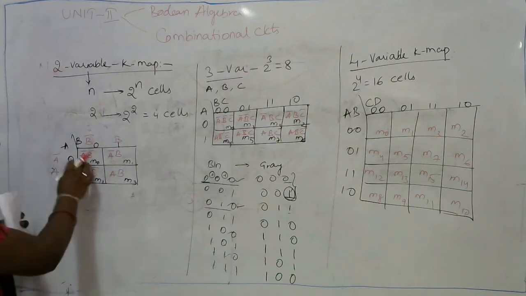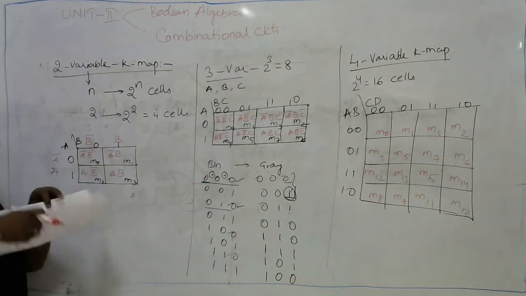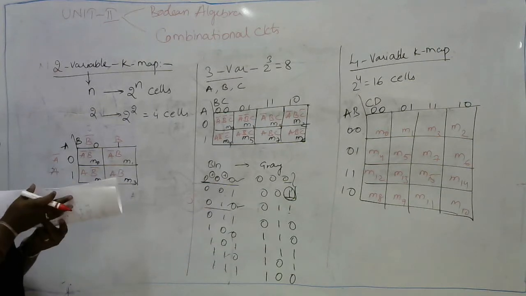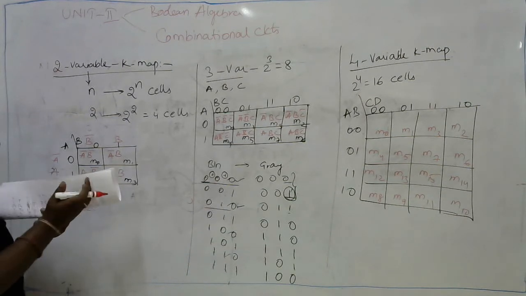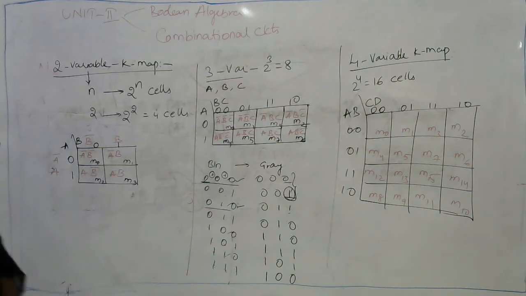So these two cells are said to be adjacent. Similarly, if you fold the K-map in the vertical way, the first two cells will overlap on the third and fourth cells. So we can say that if there is a change in the single bit position of the two cells, then those two cells are said to be adjacent cells.